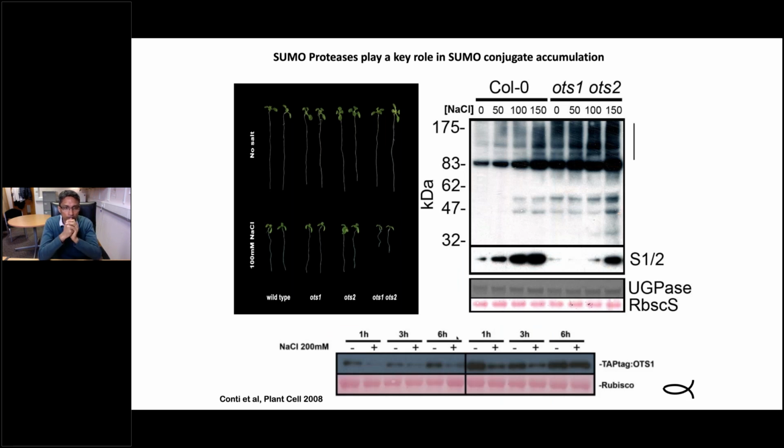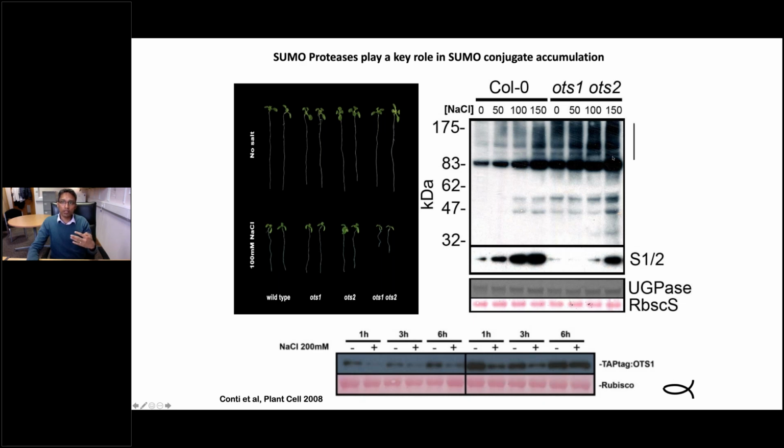When you knock them out, you get a plant that is very sensitive to salt and grows very slowly, growth retarded. What this slide is trying to tell you is that we've made SUMO1-specific antibodies, and we can run them on a gel and do immunoblots to look at SUMO conjugation.